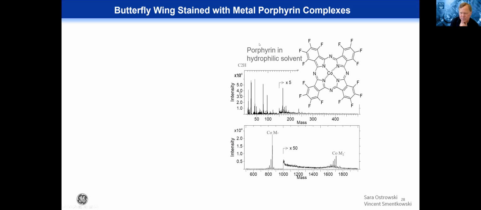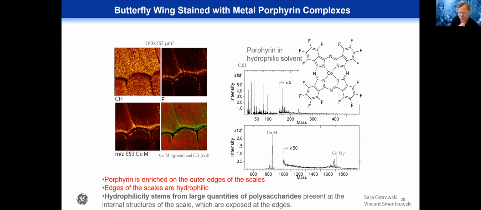So the nice thing about this porphyrin is there are high mass molecular peaks that we're obtaining. When we looked at the untreated butterfly wing, there weren't any peaks within this mass range. So he was able to expose the butterfly wing to the porphyrin. We were able to image the distribution of the porphyrin and show that there's enrichment at the outer edges of the scales.